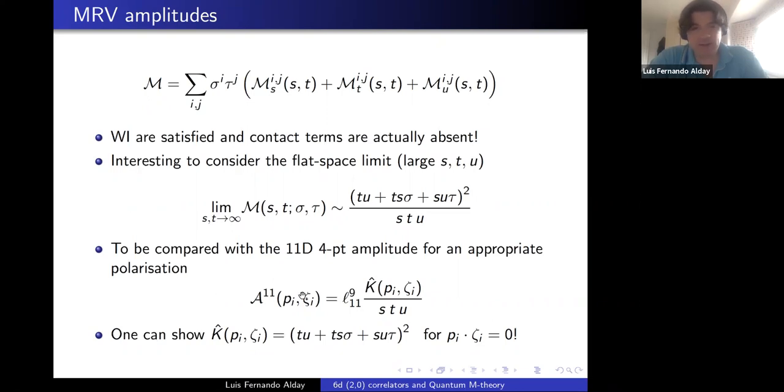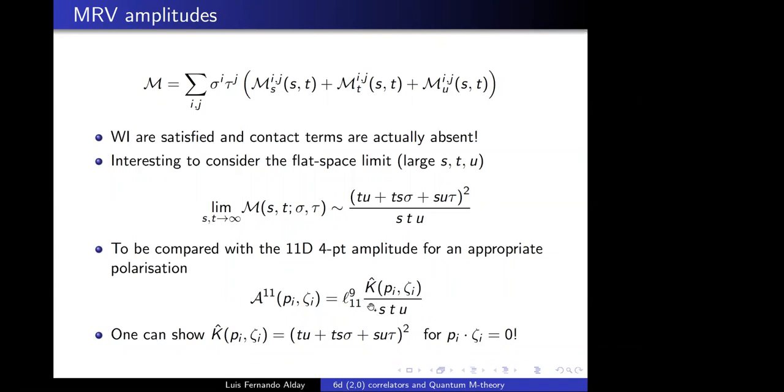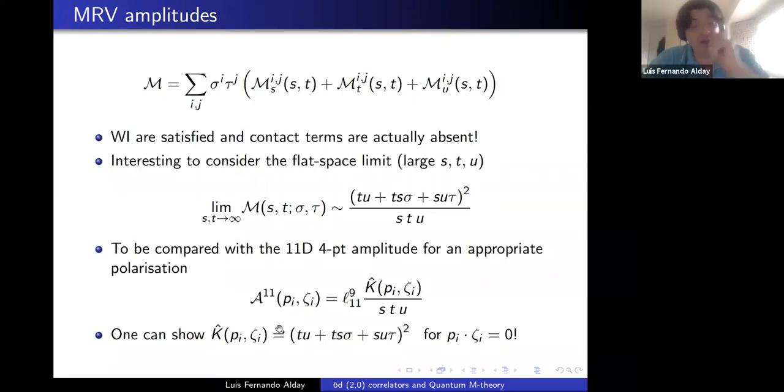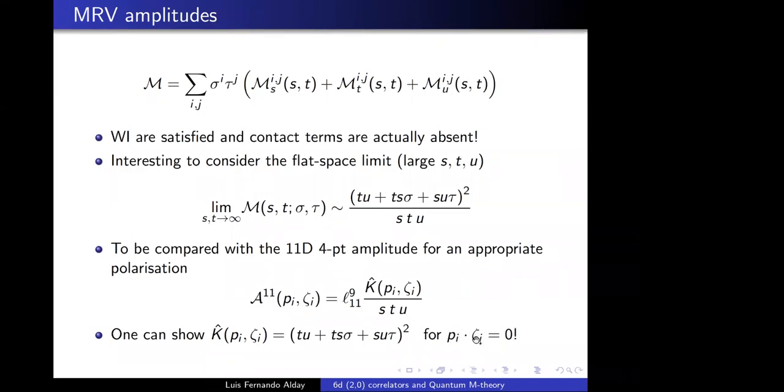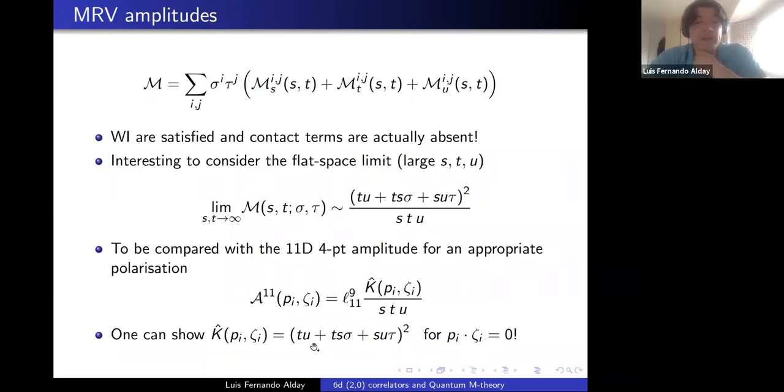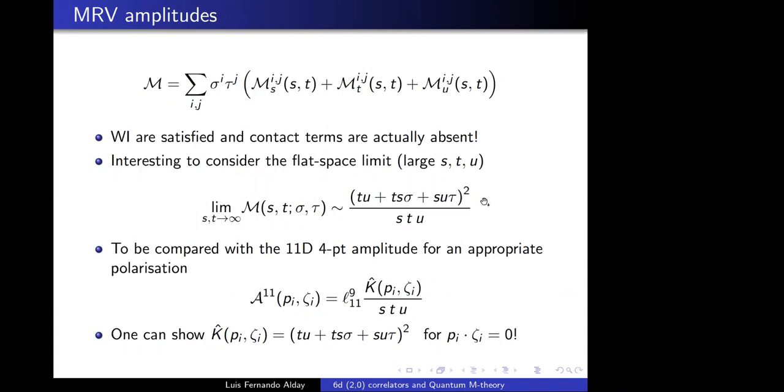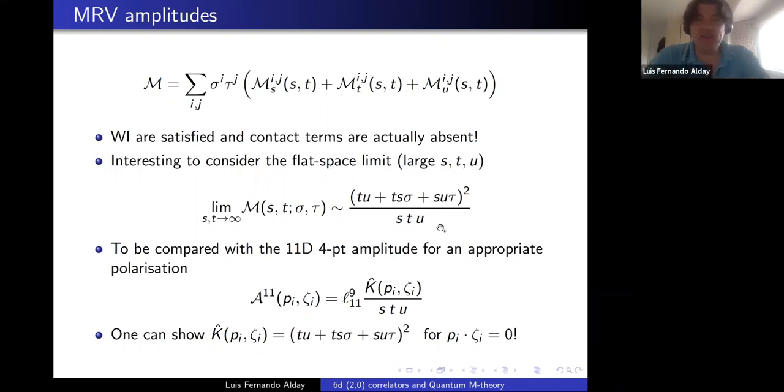Remember that I told you that the 11-dimensional amplitude was equal to this K hat factor divided by STU, and one can show that in the correct polarization, which is p dot theta equals 0, this K reduces precisely to this factor that we see here. So to answer the question of Shiraz, although the sigma and tau dependence is very complicated, in the flat space limit the dependence is fully fixed and it agrees with what you would expect from the 11D computation.